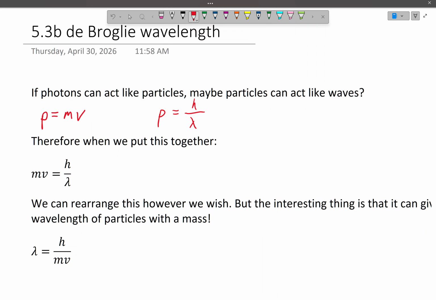These are the two different versions of momentum. If we put those two together, we get this formula, which is our de Broglie wavelength formula.